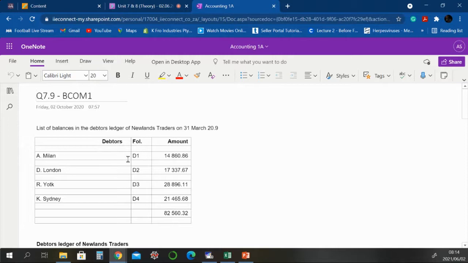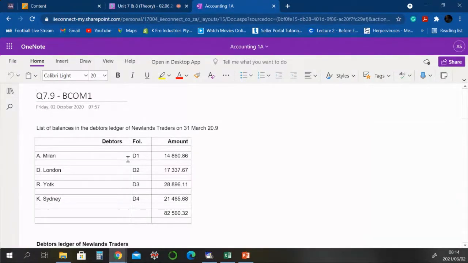This transaction was not reported. K. Sydney had deposited the amount owing directly in the bank account on 30 April 2009. It's required: draft the debtors ledger of Newland traders, and then draft the debtors list for Newland traders as at 30 April 2009.